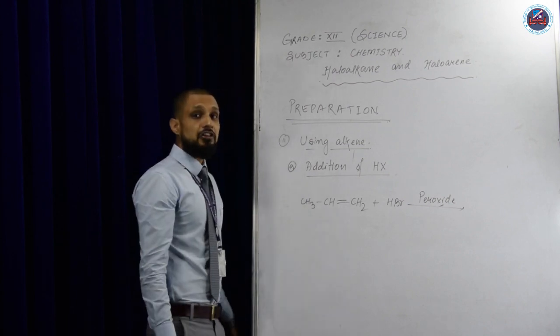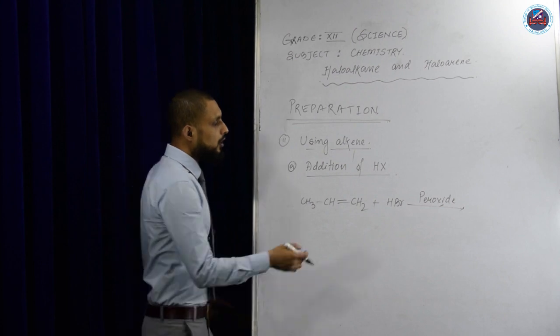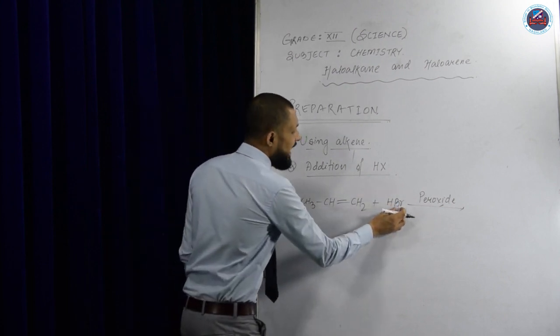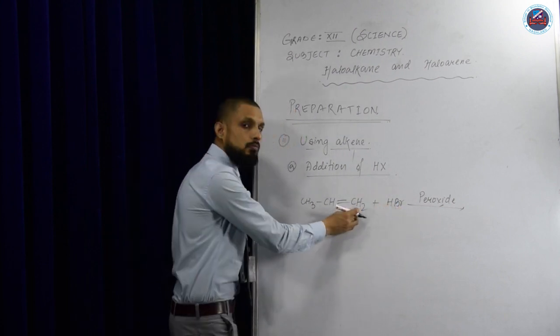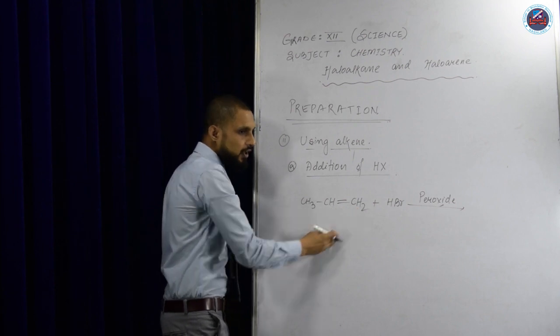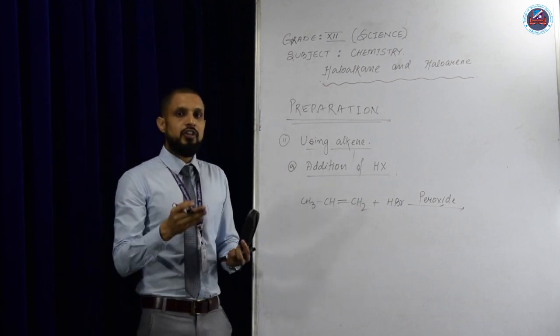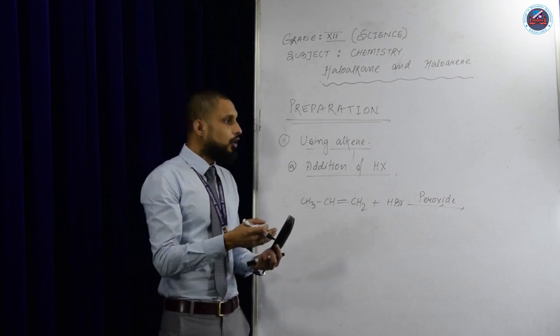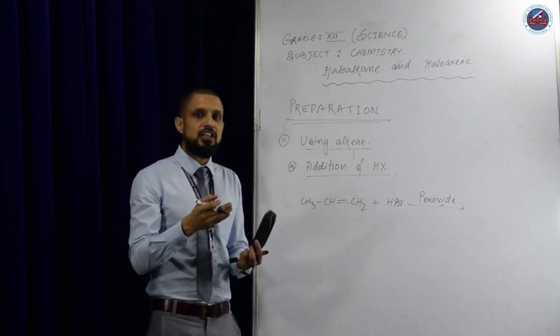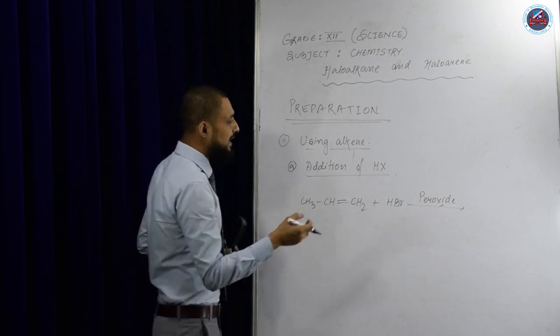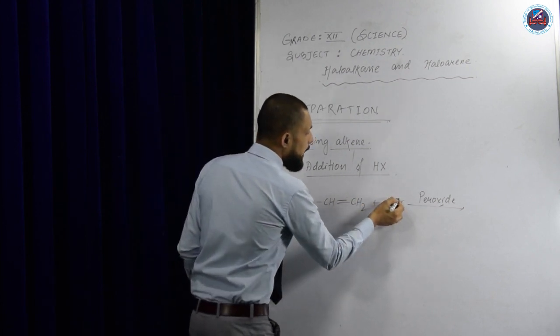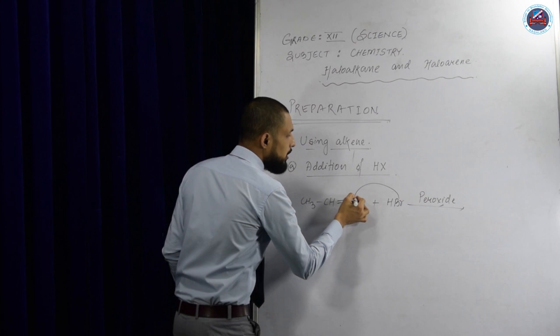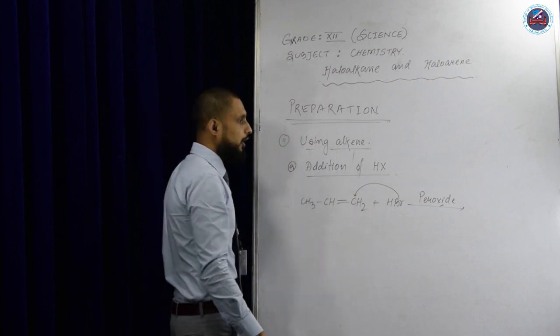So according to anti-Markovnikov rule, the negative part will be added to the carbon having more number of hydrogen atoms. See, in Markovnikov the negative part goes to the carbon having lesser number of hydrogen. So anti-Markovnikov, anti means opposite. So in anti-Markovnikov rule, the negative part will go to the carbon having more number of hydrogen atoms.